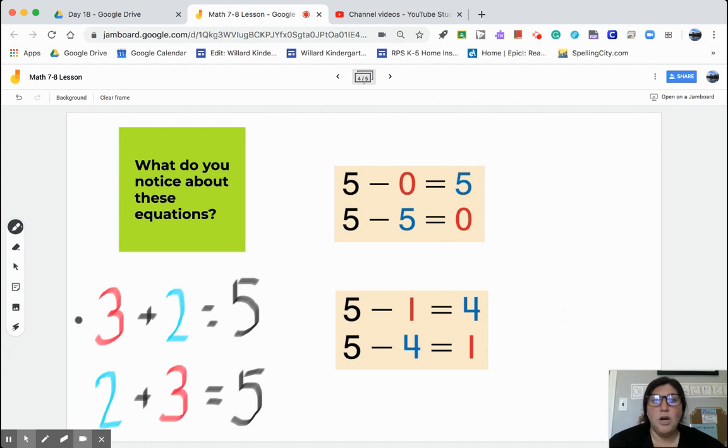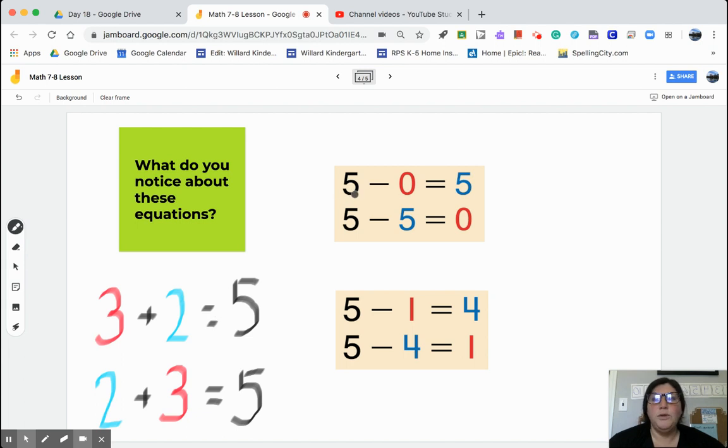We talked about this originally with addition. Now with subtraction, it's a little bit different, because when we're adding two parts together, we then have the whole. With subtraction, we always start with the whole. So then our two parts are over here. This is the subtraction turnaround rule.